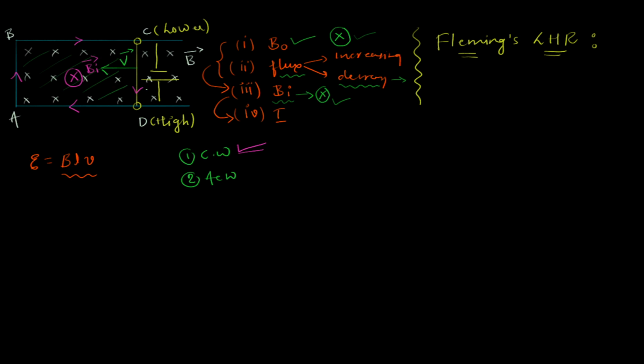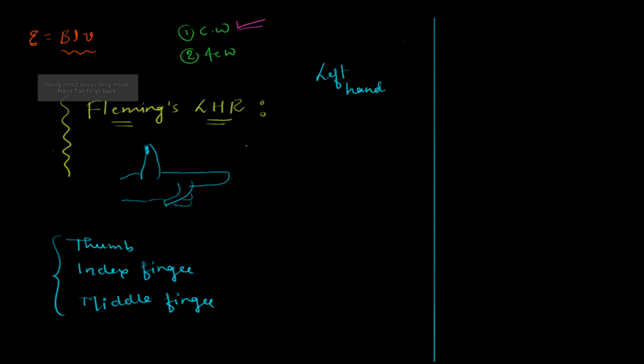All right, so Fleming's left hand rule, as the name suggests, requires you to use your left hand. I've tried to draw something over here. According to Fleming's left hand rule, if you want to identify the direction of current in case of motional EMF, you need to use the left hand, something like this. Pretty simple, right?